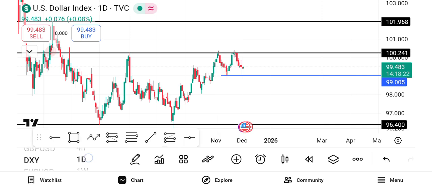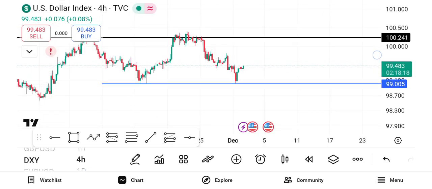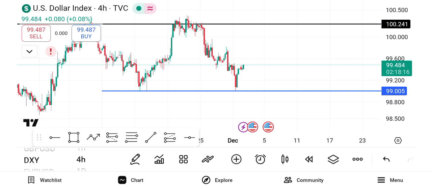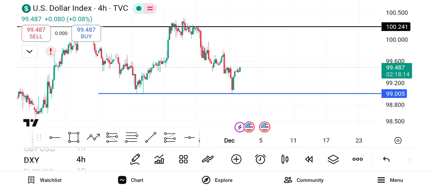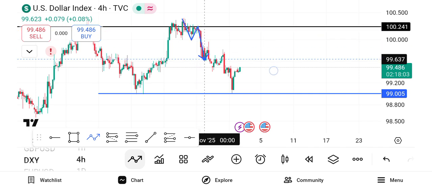If we dive down to the 4-hour time frame, that's when you see the structure clearly and how to enter this market. As you can see, when the market was coming down, it gave us a lower low. This is the lower time frame perspective now.